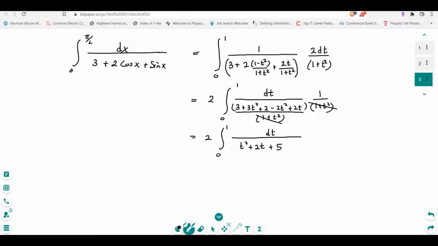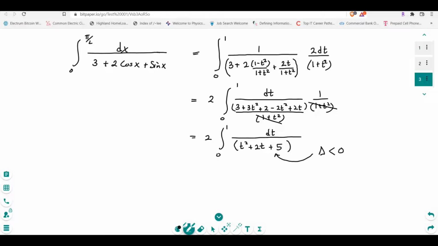Now in the denominator, you have a quadratic expression in t. And if you look at the discriminant of this quadratic expression, that's going to be less than 0, or it's going to be a negative value. So in that case, the best way to solve this is to complete the square of this quadratic expression.